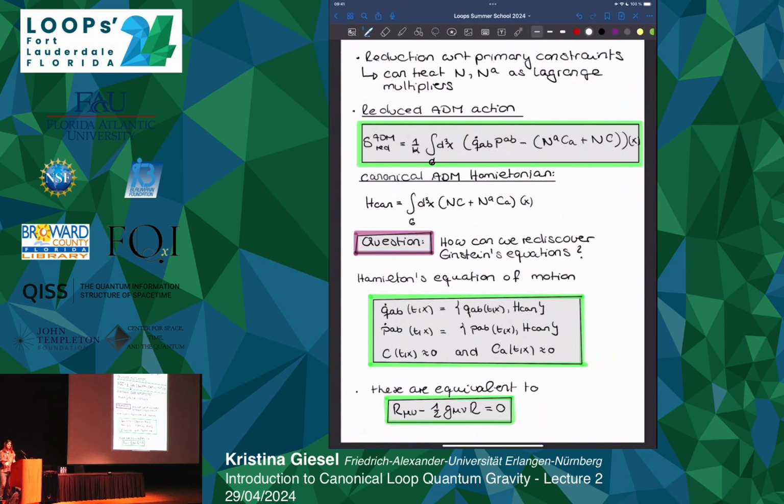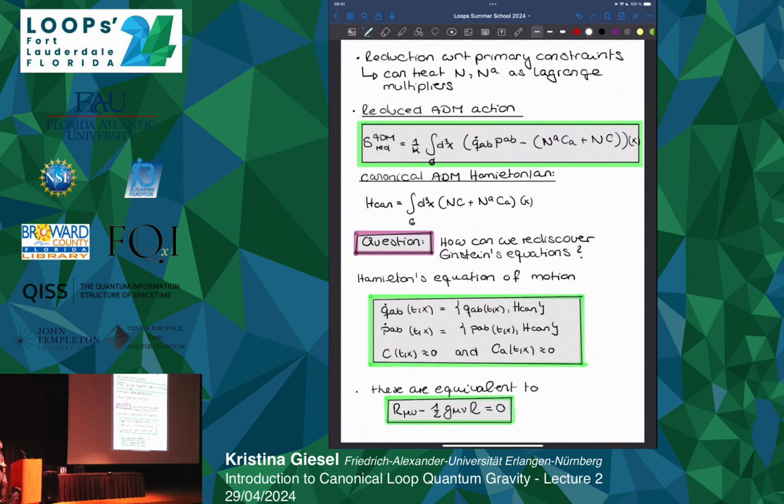Now, given all this formalism, you might be familiar with the Einstein equations in the Lagrangian formulation, which I had on one of my first slides. So how can we rediscover that equation in the Hamiltonian formulation? We have first order equations for QAB and PAB, which are just given by taking the Poisson bracket of those variables with respect to the canonical Hamiltonian.